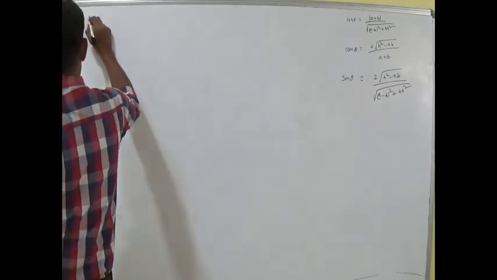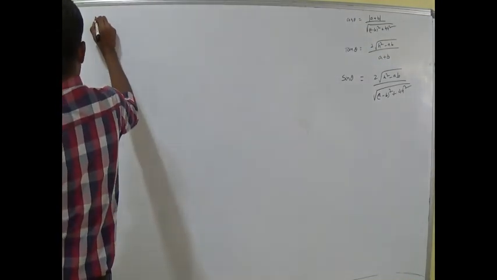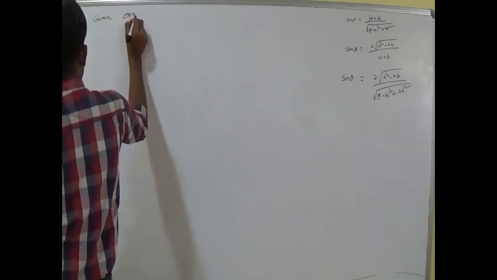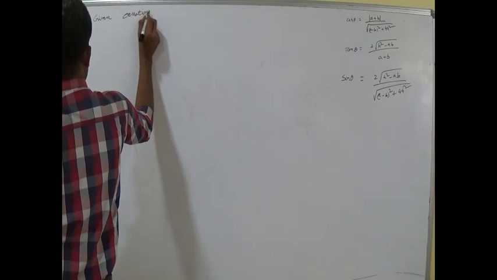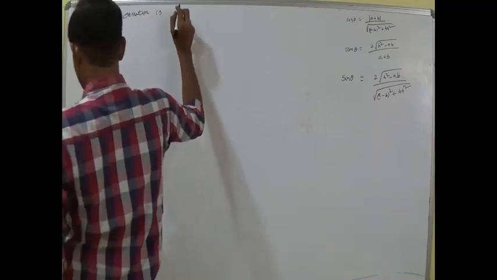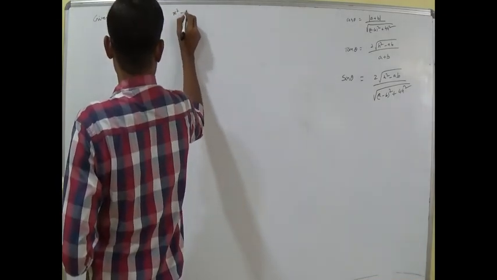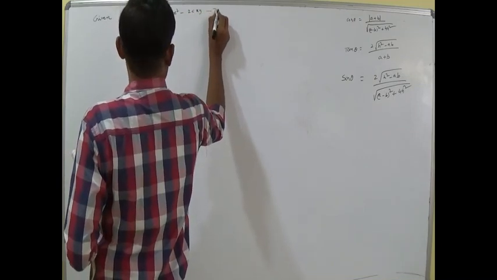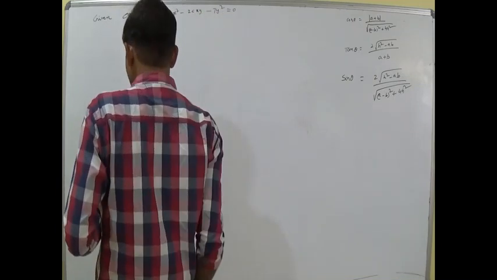So the given equation is x square minus 2cxy minus 7y square equals 0.